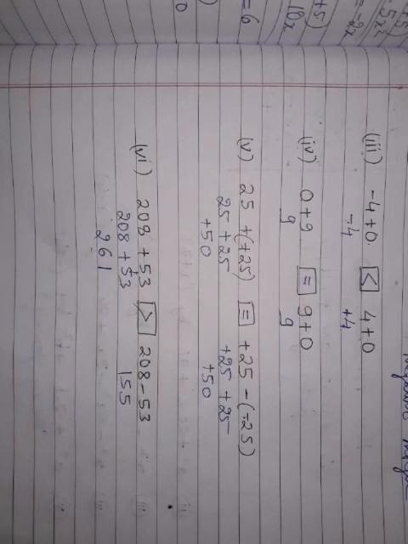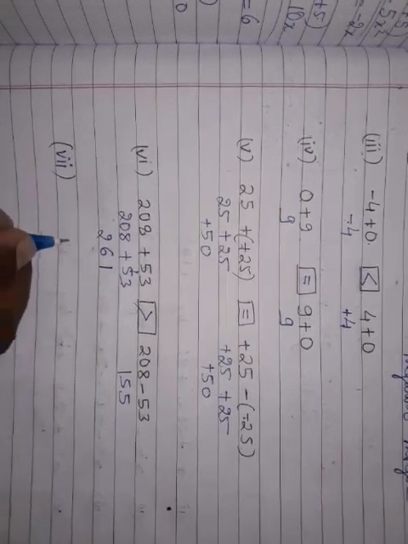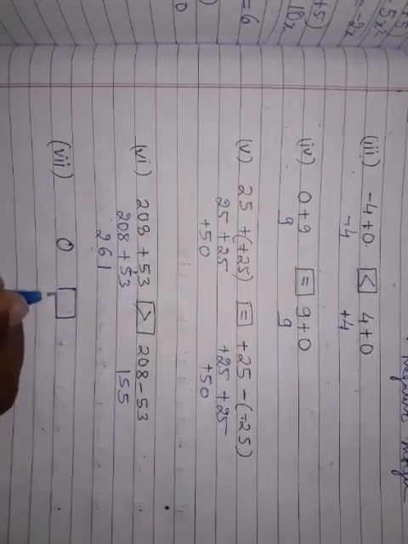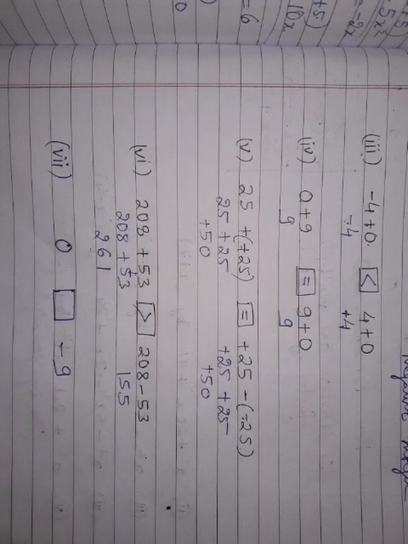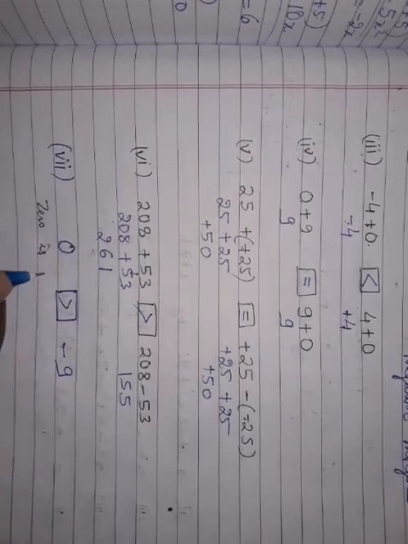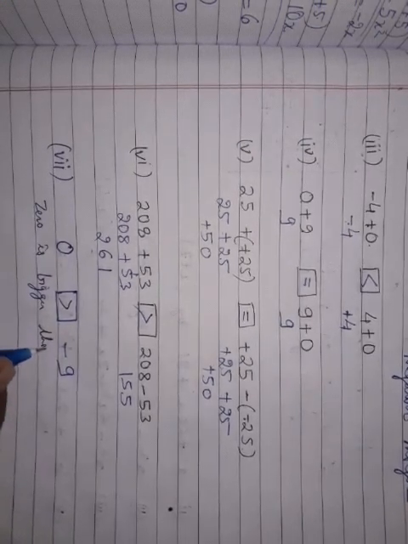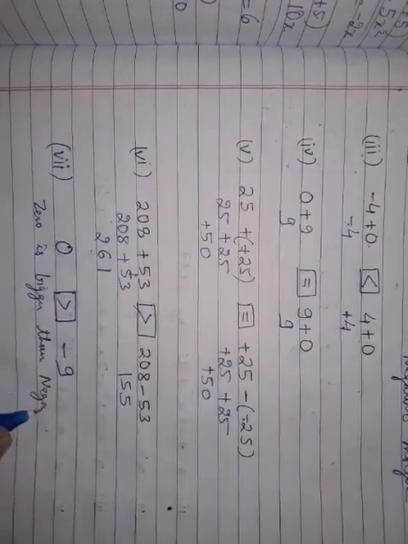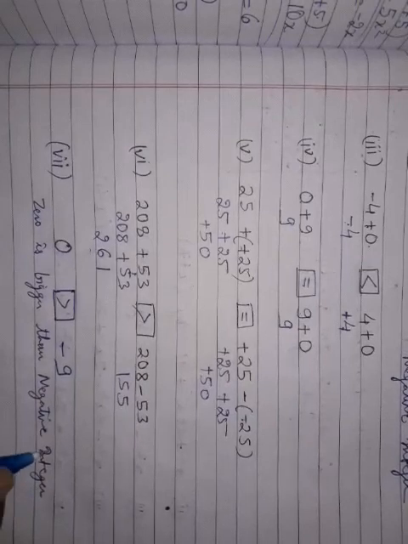Now one more question from my side. If there is 0 on one side and on the other side there is minus 9, which is bigger? 0 is bigger than negative integers or negative numbers.